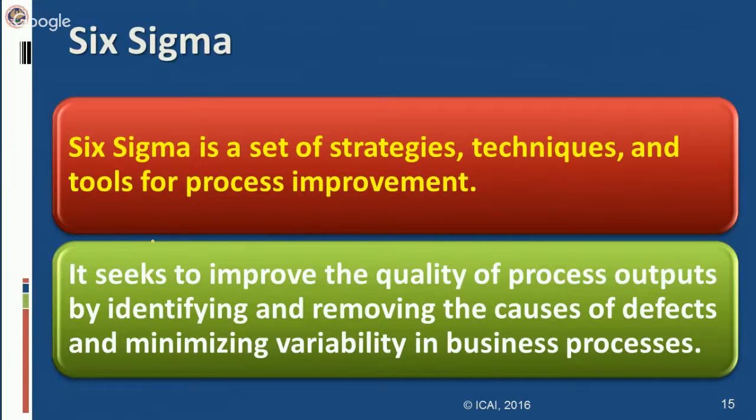For example, the company may start working on reducing cost or increasing customer satisfaction or increasing the profit for a business. So Six Sigma seeks to improve the quality of process outputs by identifying and removing the causes of defects and minimizing variability in the business processes.